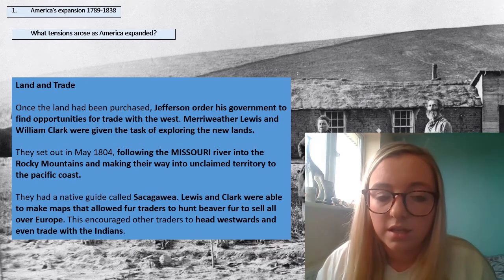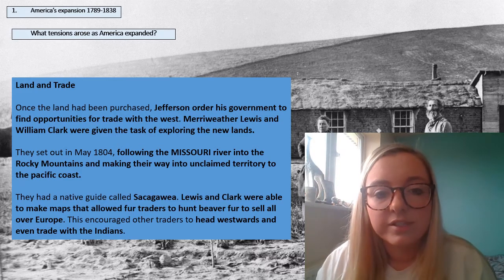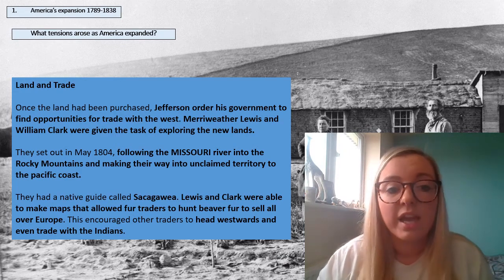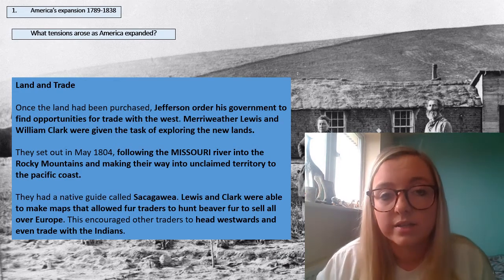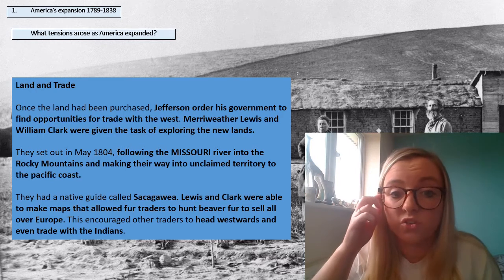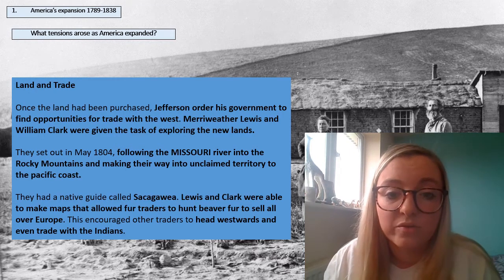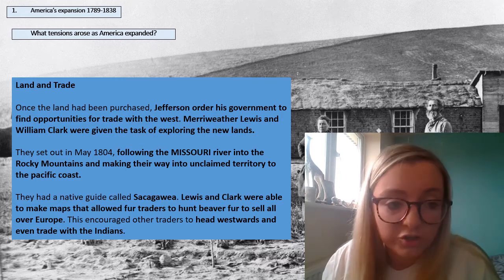So once the land of the Louisiana Purchase was purchased, Jefferson ordered his government to find opportunities to trade with the West. And then we get Meriwether Lewis and William Clark, who set on the task of exploring the new lands, and they were very successful in the fur trade.